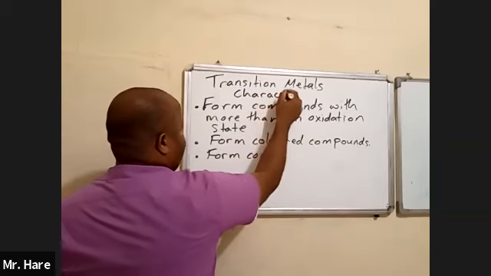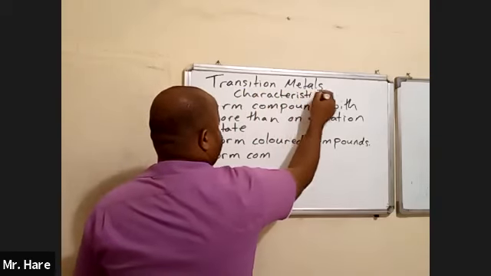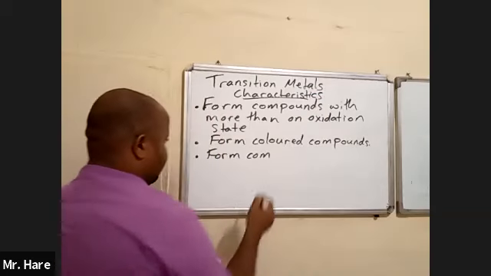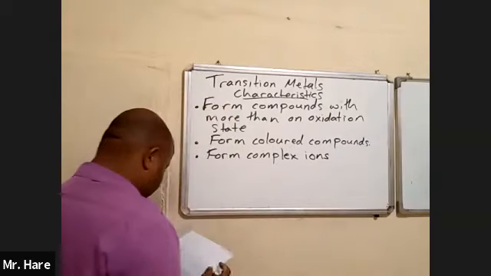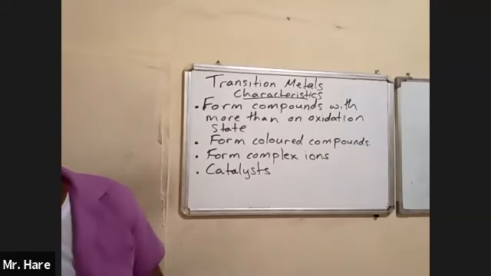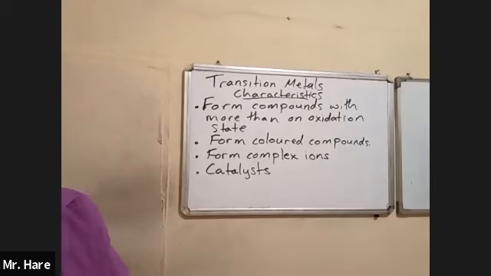So these are some characteristics of transition metals. Then I'll write why they are able to absorb light.